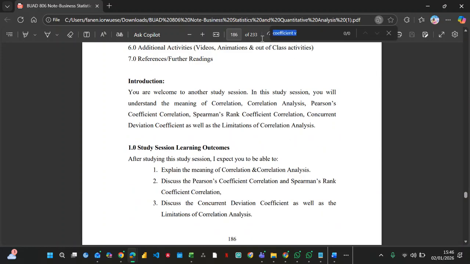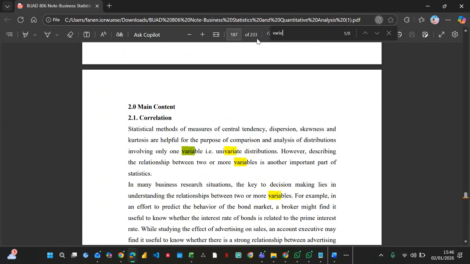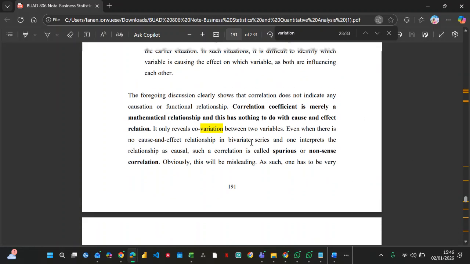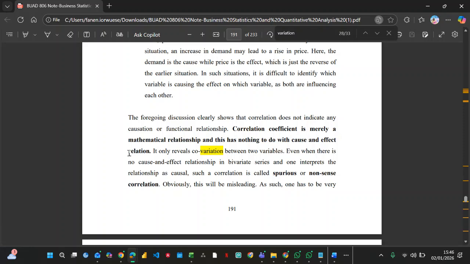Looking at variation. Okay, so we're looking at coefficient of variation, which is merely a mathematical relationship, and this has nothing to do with cause or effect relation.